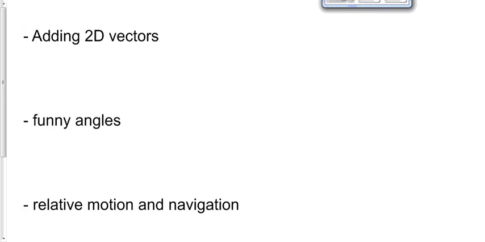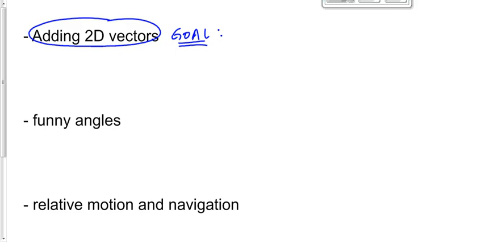All right, let's keep plugging away at this. Now we're getting into two-dimensional kinematics, two-dimensional motion, where we talked about adding two-dimensional vectors, adding position vectors, displacement vectors, adding velocity vectors. In the end, remember, when we're adding two-dimensional vectors, the goal, always the goal, is to get a right-angled triangle.